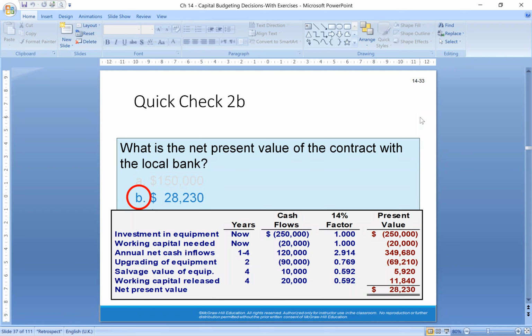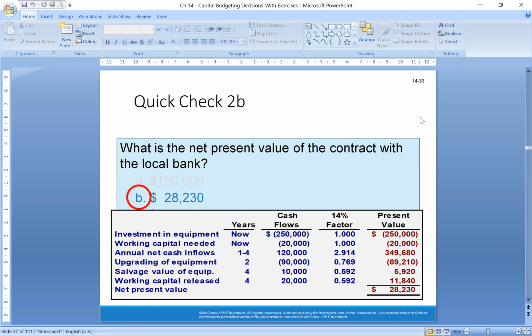Upgrading of equipment in year 2 means I will pay that amount after 2 years. So 90,000 using the first table will equal 69 something. The salvage will be received one time also, 10,000 using the first table equals 5,920.